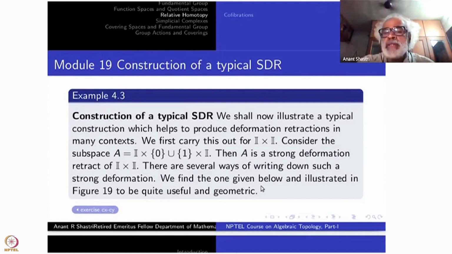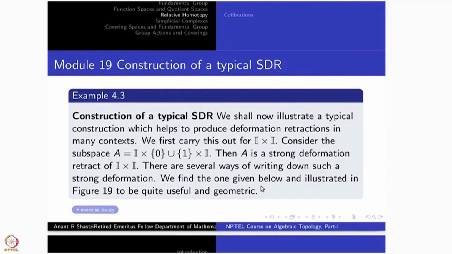So like Sagnick says, it will be intuitively clear, but that is not where we live. We will write down a specific strong deformation retract. Even to do that, there are many ways to do it. So what I am going to tell you is a geometric way of doing this, and this can be generalized to construct many things.